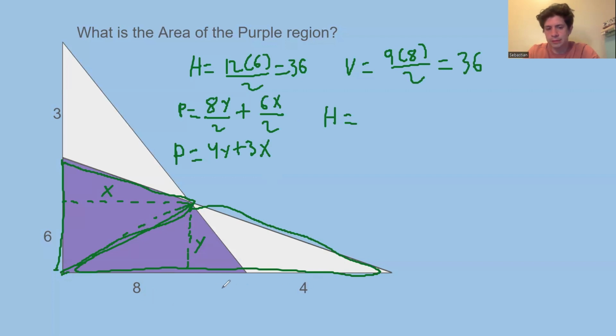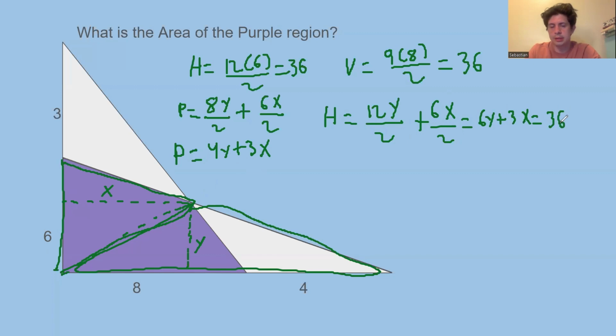It's 8 plus 4, so 12 as the base, times Y over 2, plus this triangle is 6 times X over 2. So that gets us 6Y plus 3X, which equals 36, because H equals 36. So that's one equation, two variables. So let's see if we can make another equation with two variables.